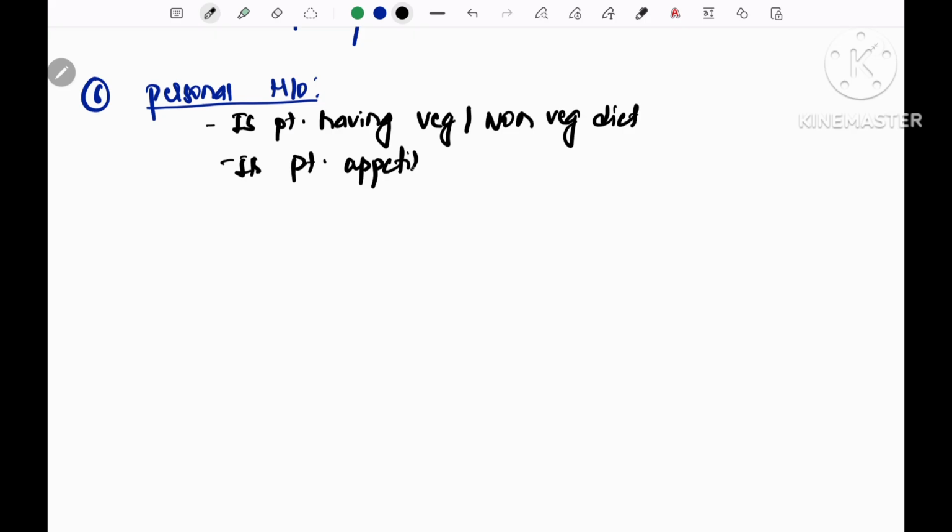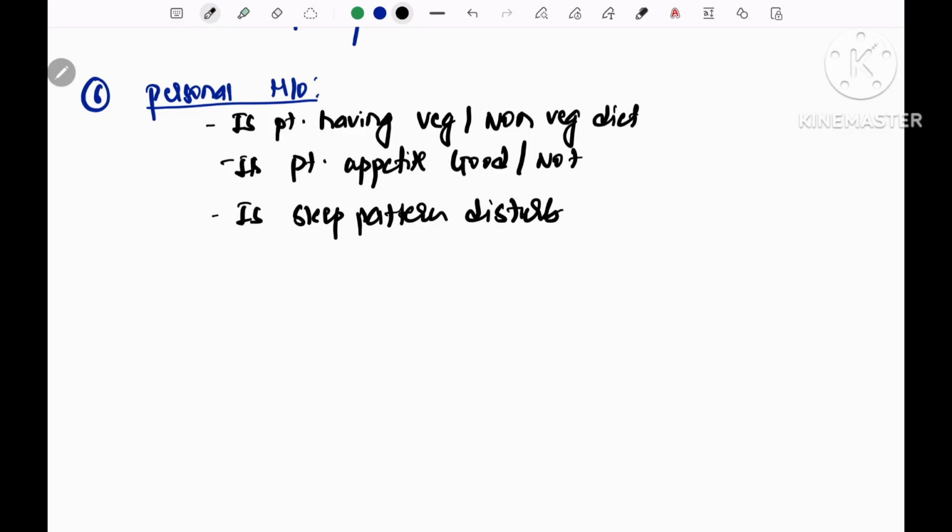Third, is the sleep pattern disturbed or normal? And the fourth one is: is there any bowel or bladder problem or not?